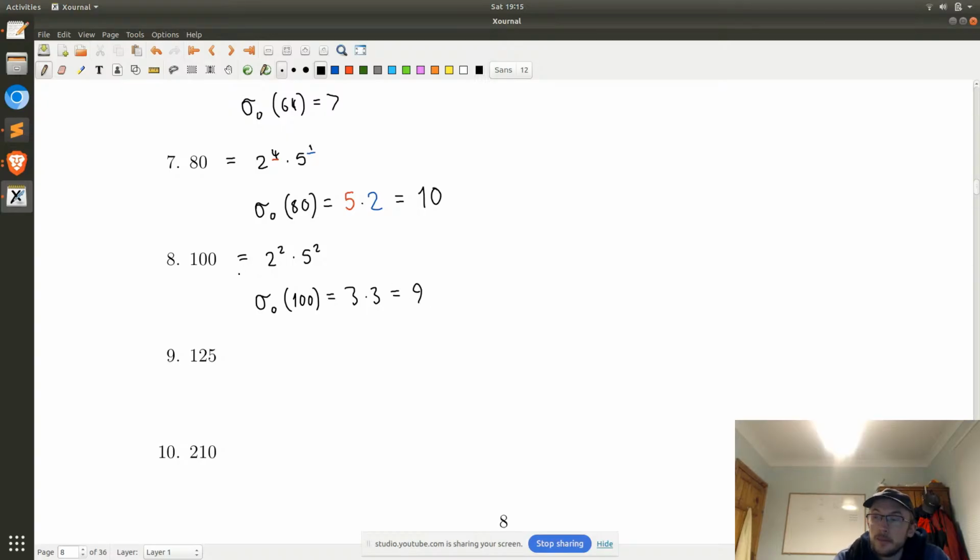It's a square number, so we know one of the divisors must be its square root as well. But for exercise, we are going to list the divisors of 100. And the answer is 1, 2, 4, 5, 10, 20, 25, 50, and 100.